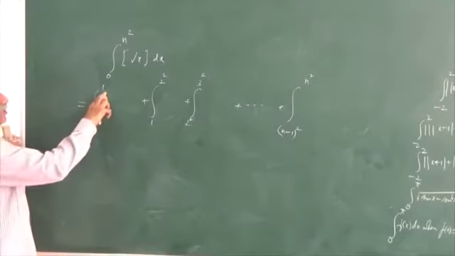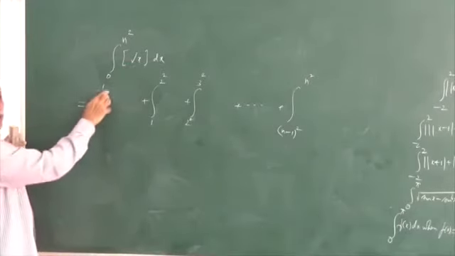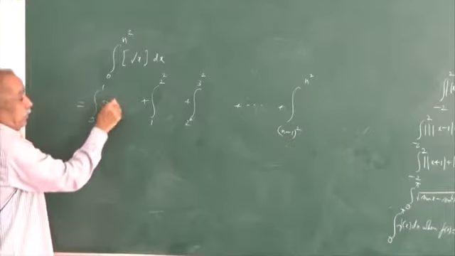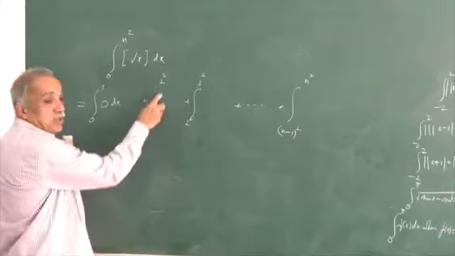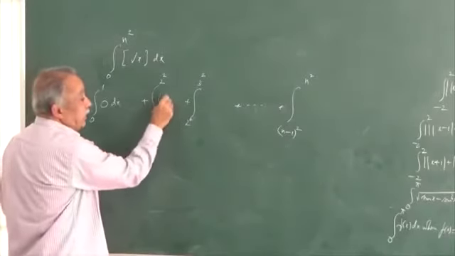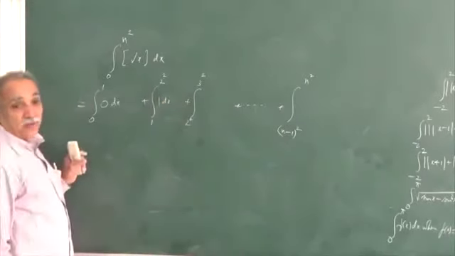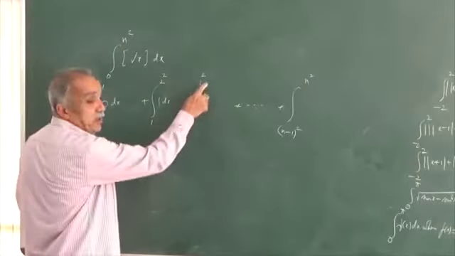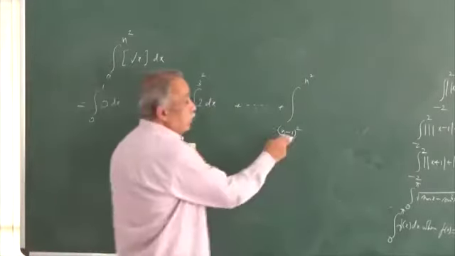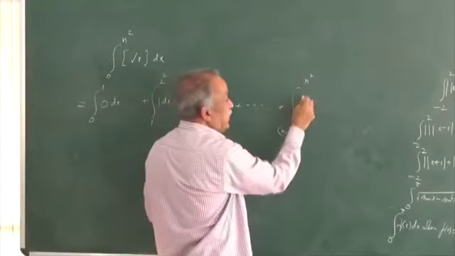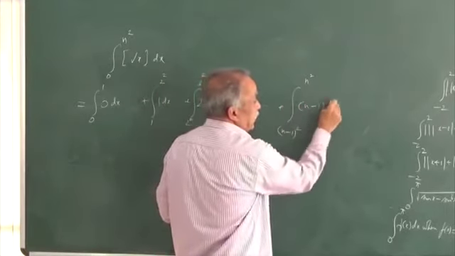In this interval, root x will be between 0 and 1, integer part will be 0. Now, root x is between 1 and 2, integer part is 1. Now, root x is between 2 and 3, integer part is 2. Now, root x will be between n minus 1 and n, integer part n minus 1.